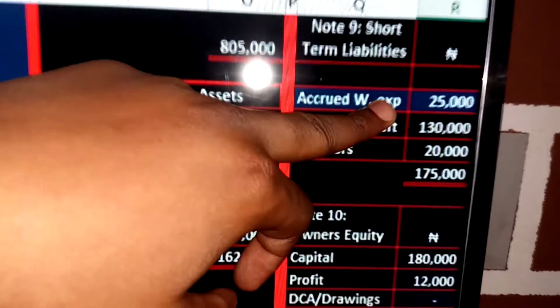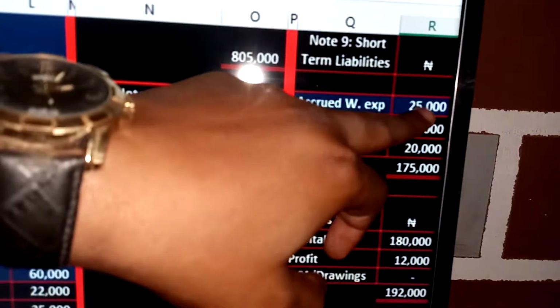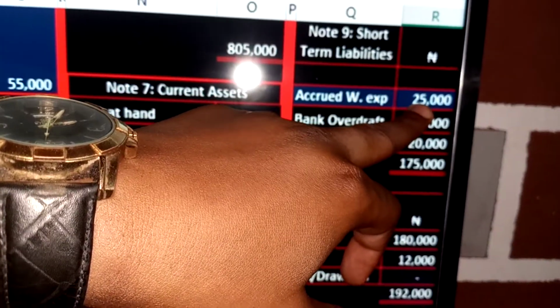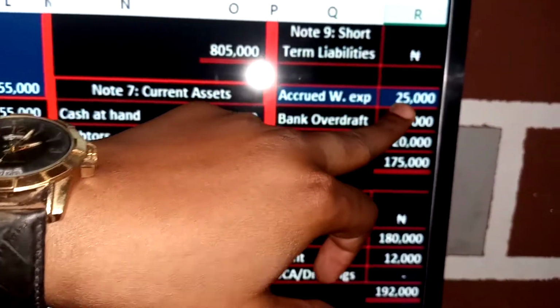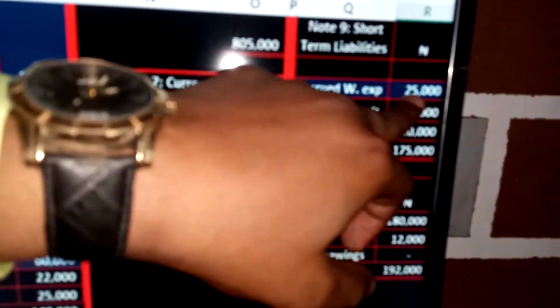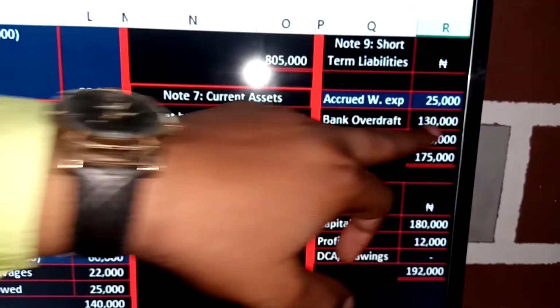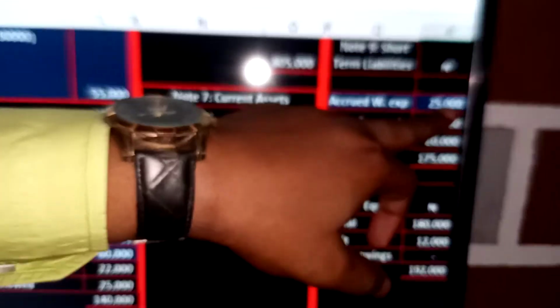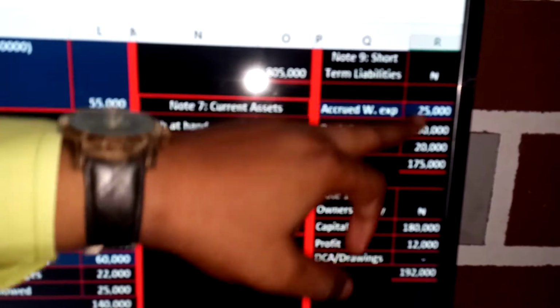It's additional information, 25,000. When something is accrued, it means you have enjoyed it but you have not paid, so you're owing the person. So that's a liability. Bank overdraft and creditors are all in the question. The accrued expense is the additional information that was adjusted for. So we have 175,000. That's what you have here.